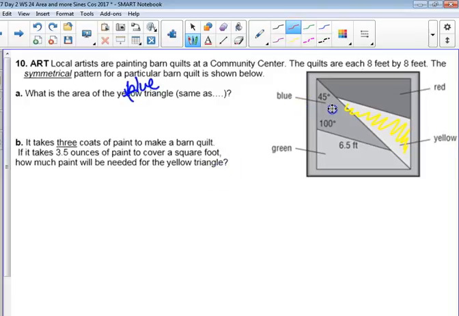Okay, what are we going to have to do, though, to find this area? We need another side, right? Okay. 35 degrees maybe down here. Does that work? So then we need to maybe find this side over here. So the sine of 35 is across from x as the sine of 45 is across from 6.5.